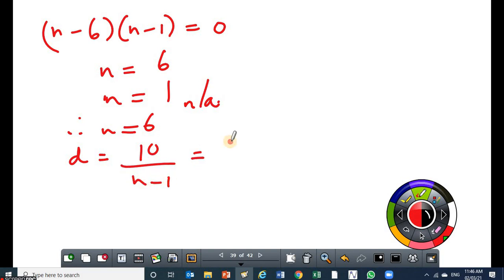But what is n? It's 6. So that will be 6 minus 1. And then you get 10 over 5. And then you get d equal to what? D is going to be equal to 2. So the common difference is 2. The number of terms is 6.